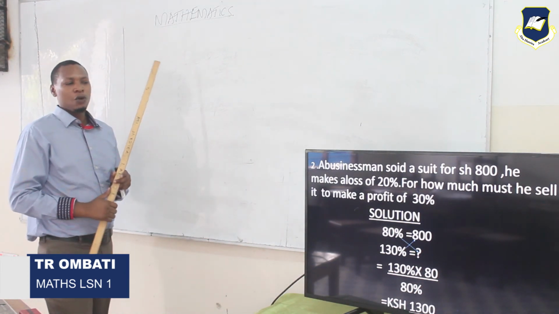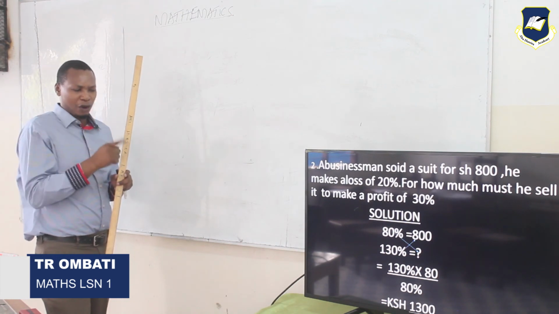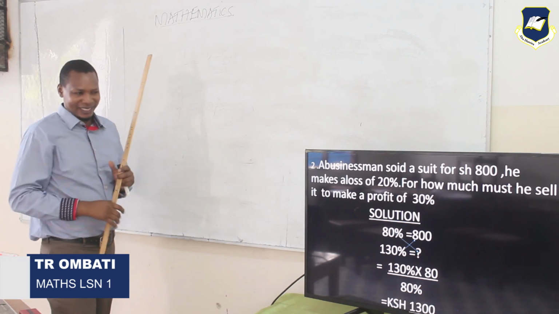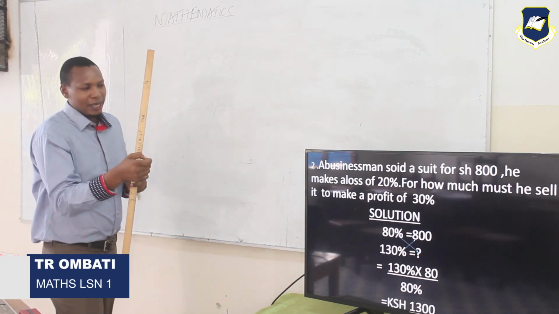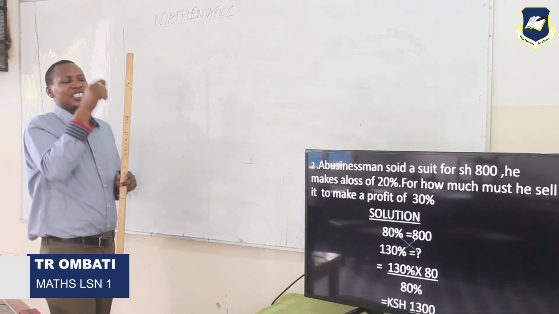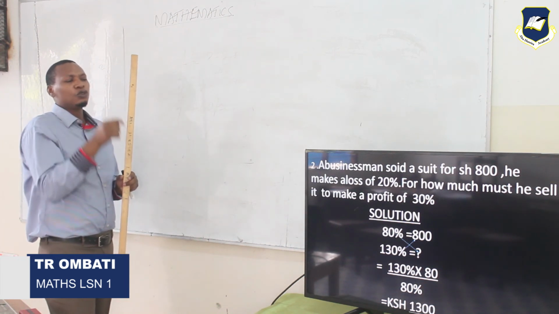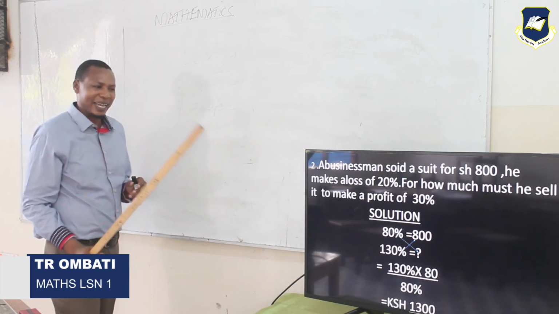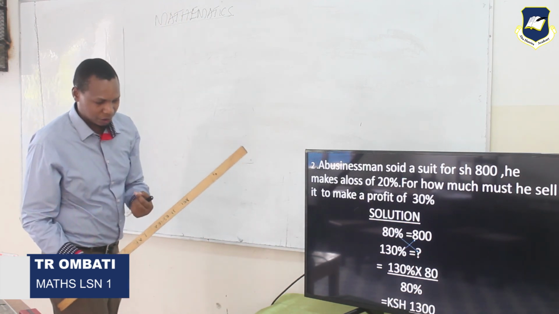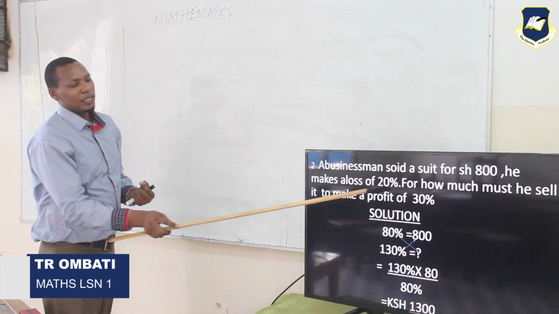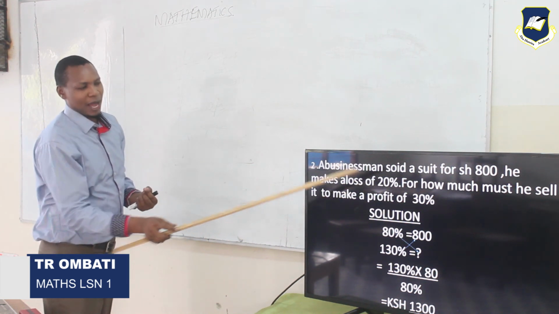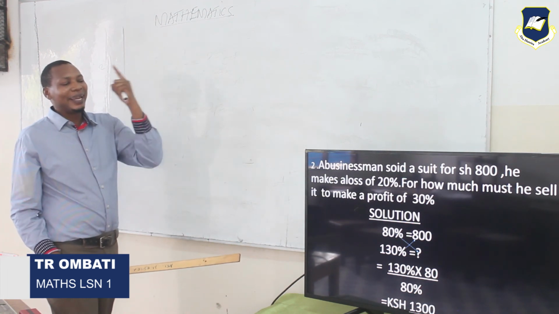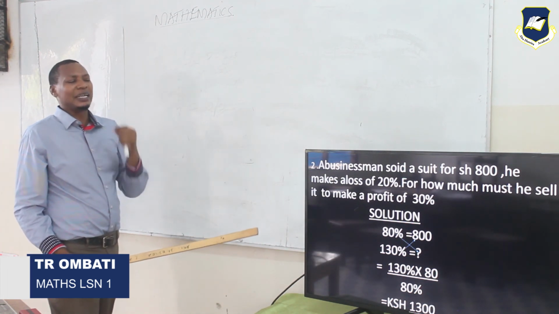Understand this one now. When you have been given the percentage loss, if you want to find the selling price, it will be 100% minus the percentage loss. So in our case, 20% was the loss. And the buying price of an item is equivalent to 100%.